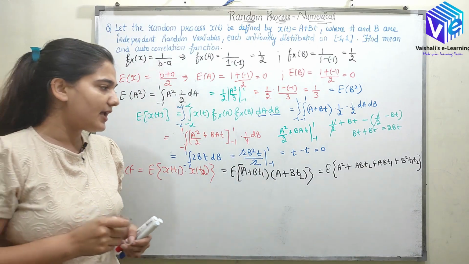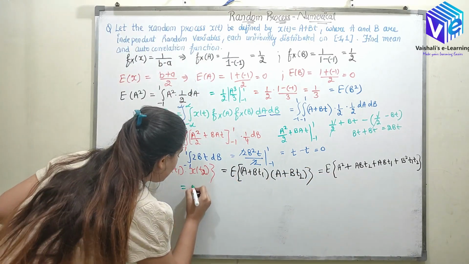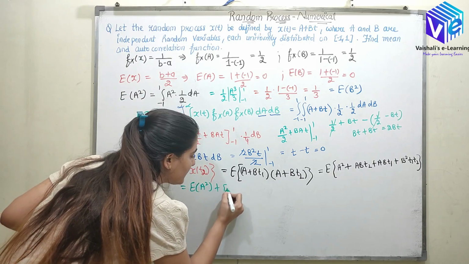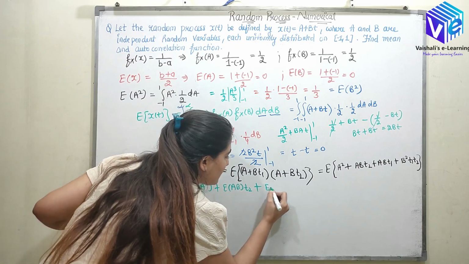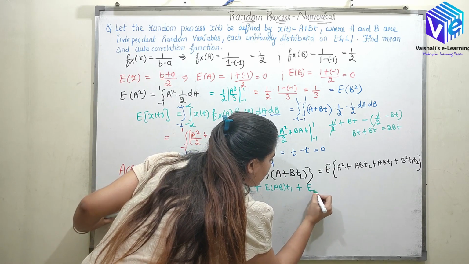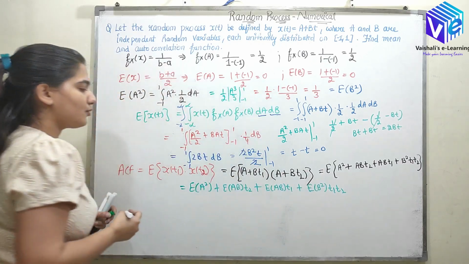Now I know again the mean is a linear function, so I can replace it as E of a square plus E of ab t2 plus E of ab t1 plus E of b square t1t2.